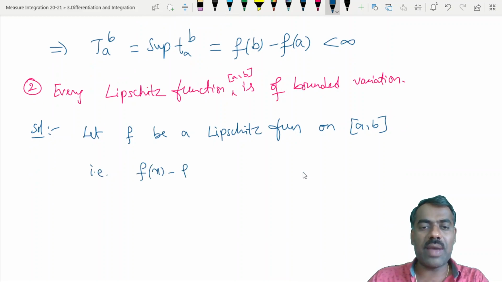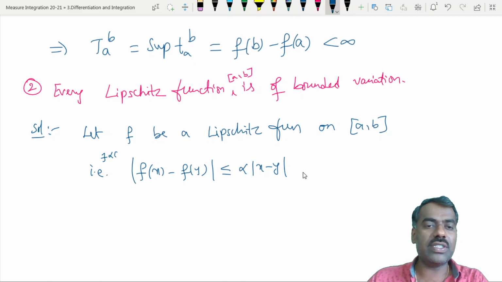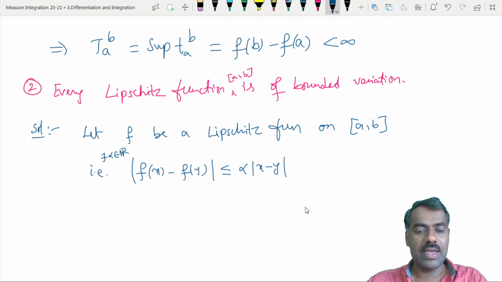Mod f of x minus f of y, whenever you take this value, is less than or equal to some alpha times mod x minus y, right? So there exists alpha greater than 0, which is a real number, such that mod f of x minus f of y is less than or equal to alpha times mod x minus y.